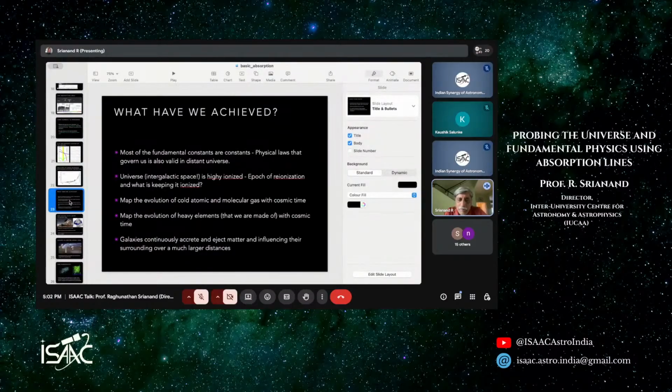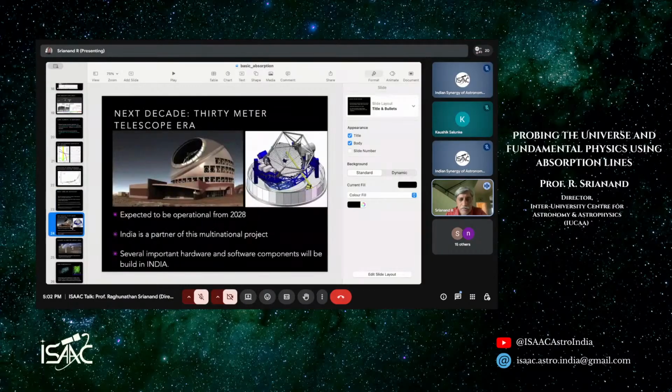I'll just summarize with a couple of slides, which I hope give a flavor of what can be done, and more importantly, the philosophy and the kind of approach we are taking to use spectroscopy to draw various physical conclusions. There are two important milestones coming up because we are involved in two major telescopes. One is the 30-meter telescope.